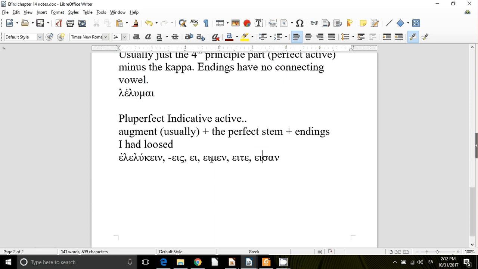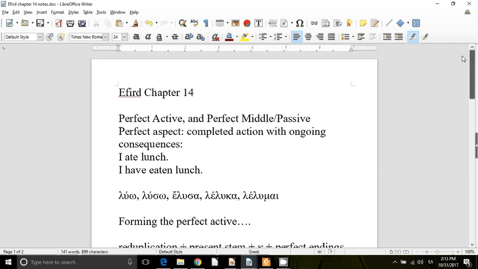Again, they won't show up very often, but for the sake of knowing the whole Greek verb, we want to have it on there. Then you have a lot of vocabulary in this lesson, page 72 and 73. So again, this is just another big lesson, just a lot of stuff to learn here.